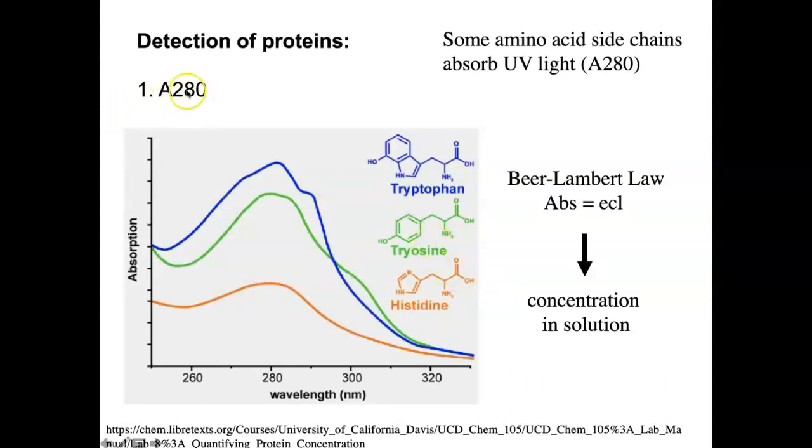The most non-destructive method is just to measure absorbance using spectrophotometry, because almost all proteins absorb UV light at 280 nanometers max. You can see there's a peak, and that peak comes from amino acid side chains that have conjugated double bonds like tryptophan, tyrosine, histidine. And so recall that the Beer-Lambert law allows you to correlate absorbance to concentration.